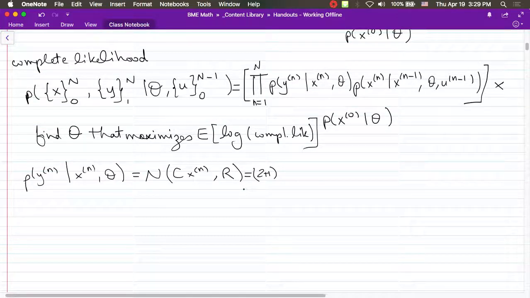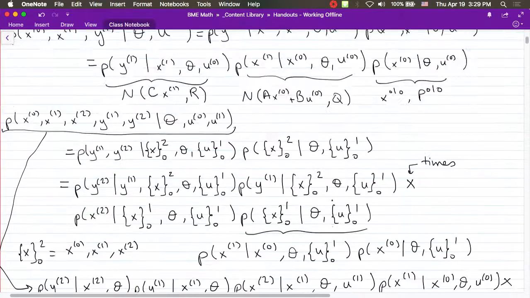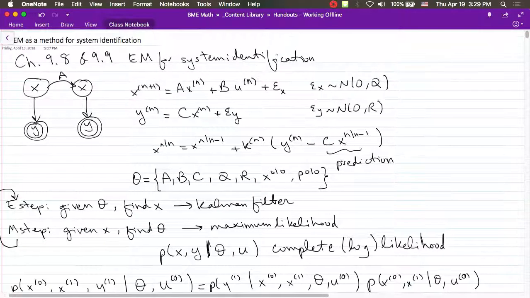We need to know what the size of x is. So suppose that x is a q by 1 vector. In your notes, this is a q by 1, and this is a p by 1.